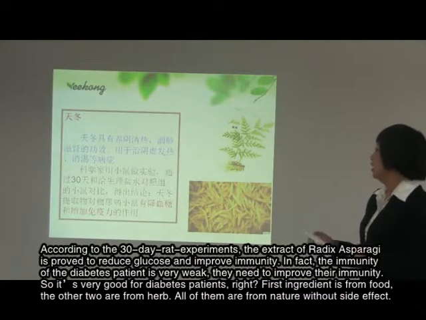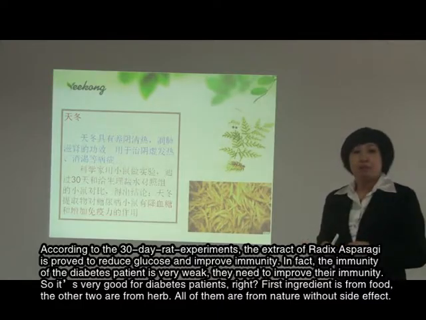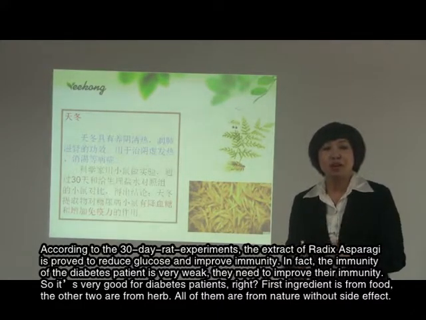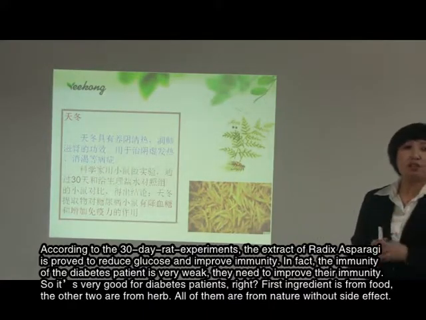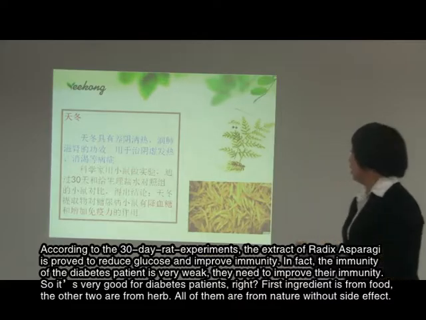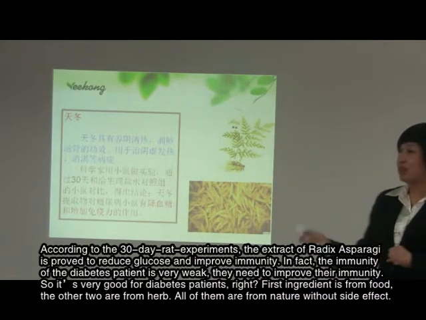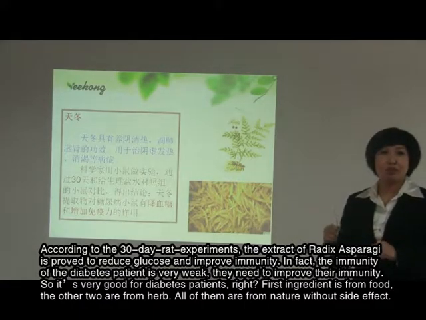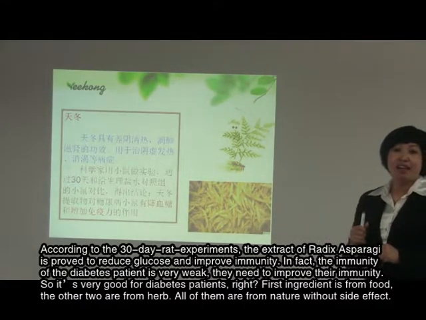According to the 30-day rat experiments, the extracts of radix asparagus are proved to reduce glucose and improve immunity. In fact, the immunity of diabetes patients is very weak. They need to improve their immunity. So it is very good for diabetes patients, right?